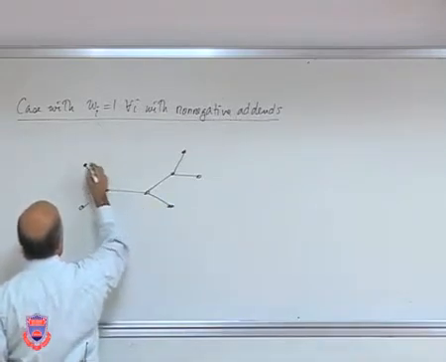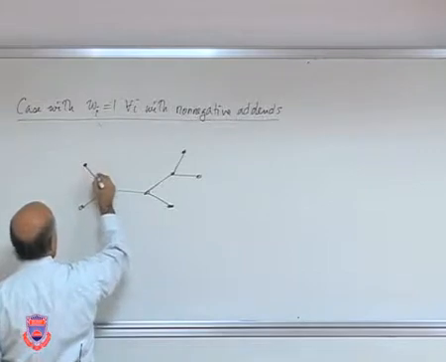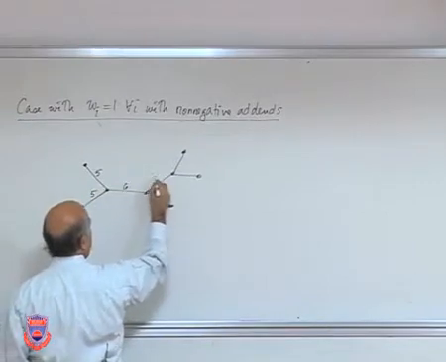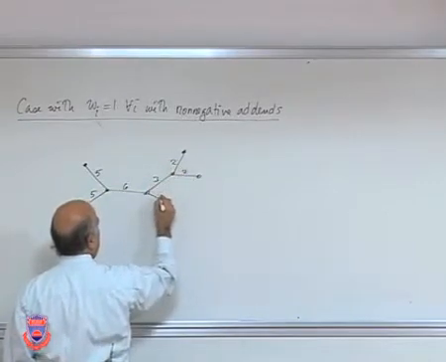Let's pick, for example, addends. Let me just put down the weights here. The edge lengths 5, 5, 6, 3, 2, 2.